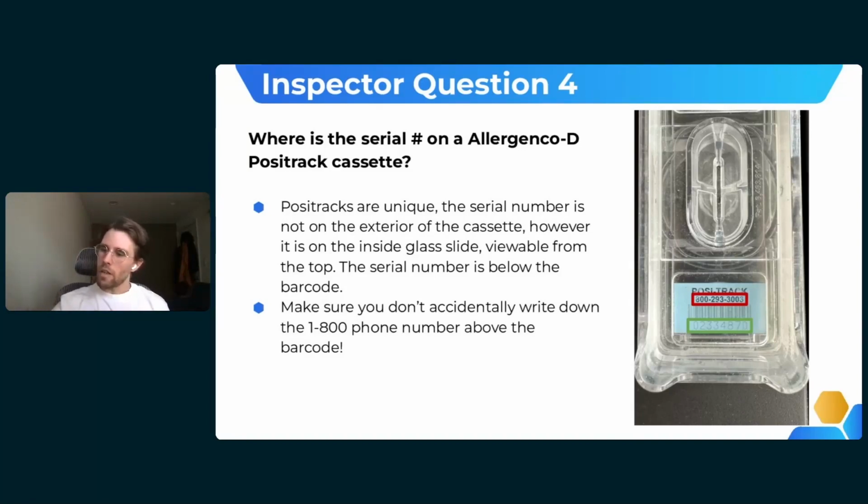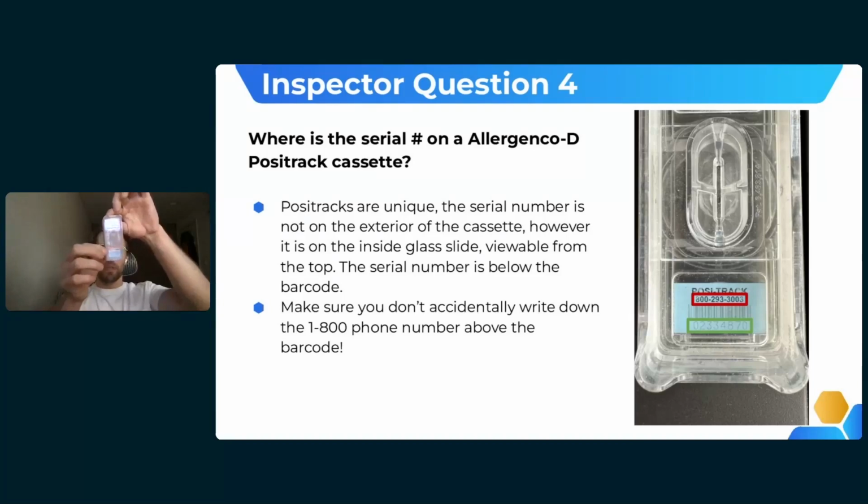On an aerosol cassette, we've got a serial number and a barcode right on the outside, really easy to see and read. You're not going to mix that up. But on these cassettes, that barcode is actually printed on the glass inside of the cassette. If you're looking at it from the top, you'll see a barcode there.